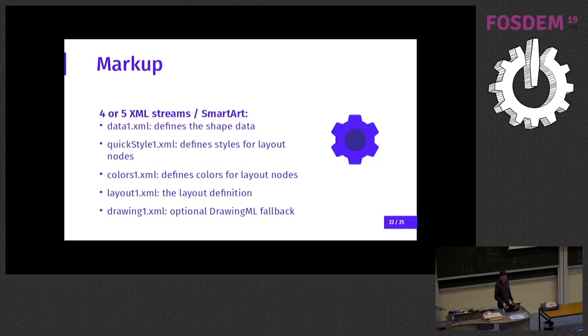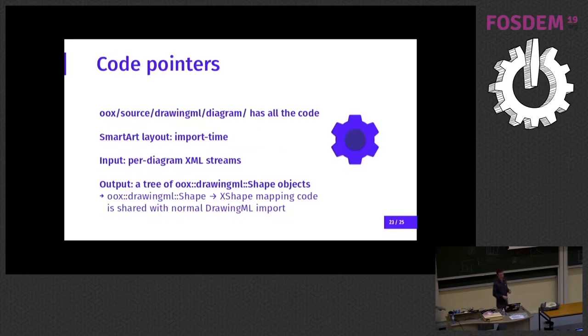So speaking about how this is in the LibreOffice code base, all this SmartArt handling is inside the drawingML import, and there is a subdirectory for diagrams, which is just the name for SmartArt.